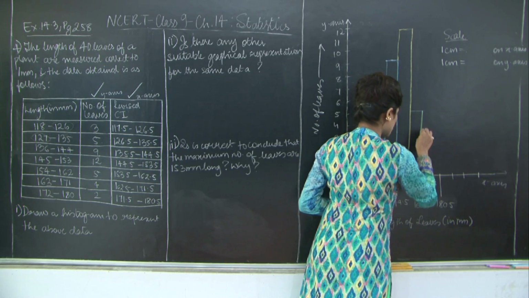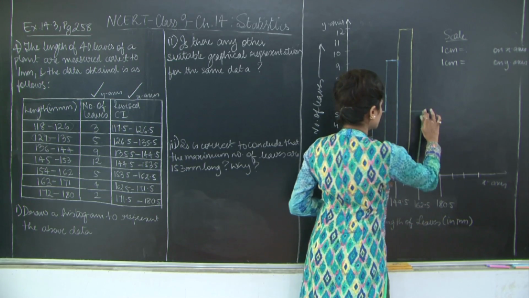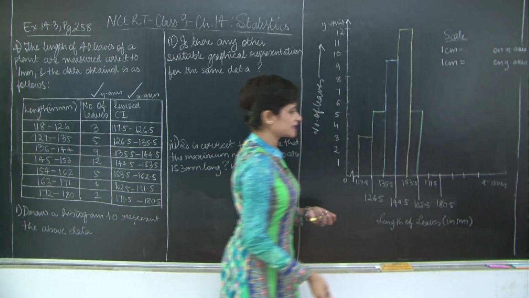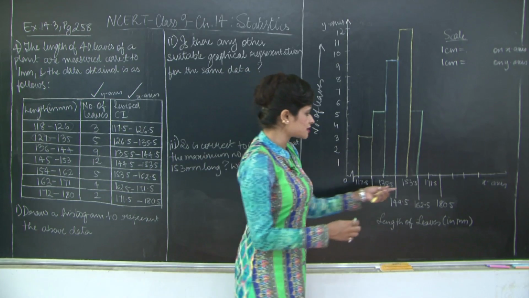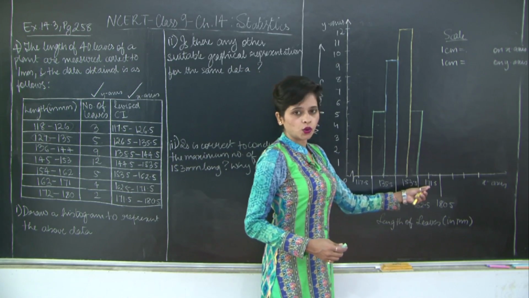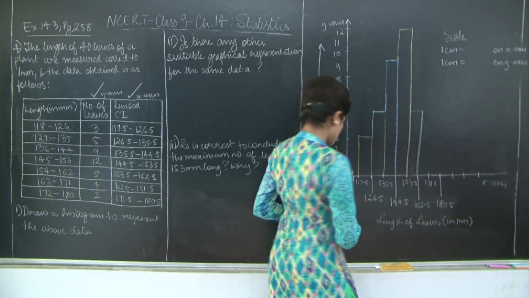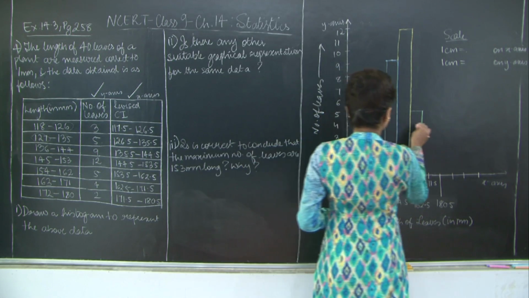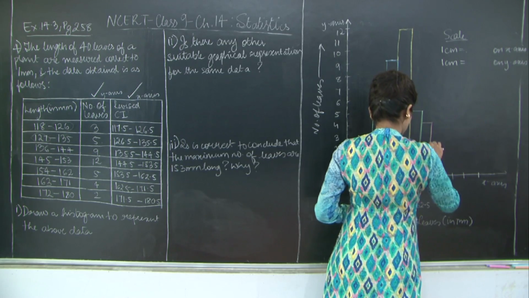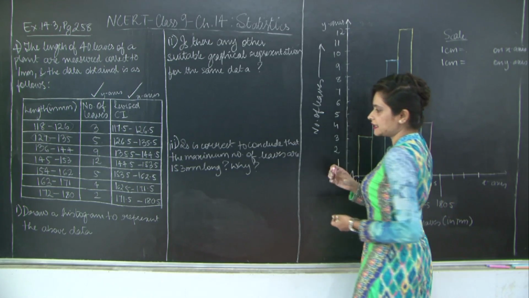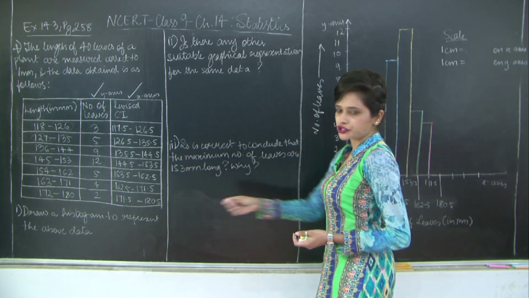I'm drawing it using the same colored chalk, that is green, just to show that these both are of the same length. Then I have 4, which is in the class interval 162.5 to 171.5. So 4 is going to be here. And finally, the last frequency, which is 2.